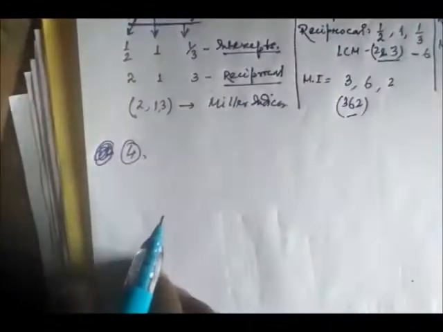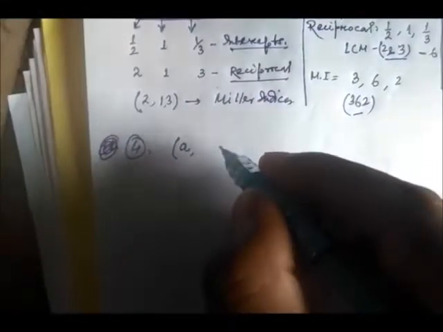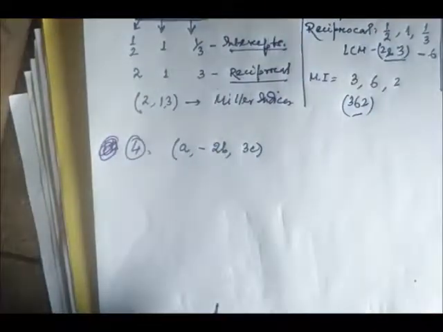Now come to the fourth example. In the fourth example, the plane intercepts at A, minus twice B and 3C point.